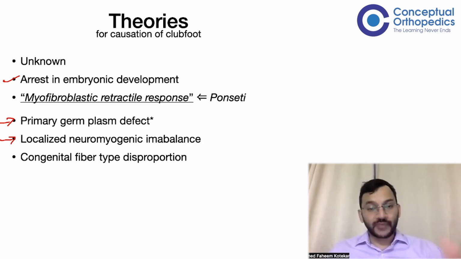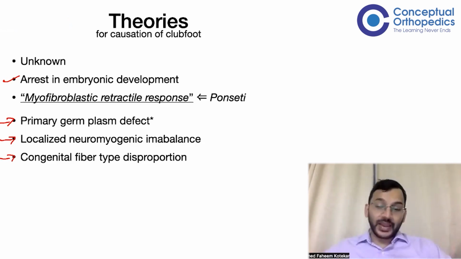That means they were all fibrotic, leading to a muscular imbalance on the posteromedial side. Similarly, we had the congenital fiber type disproportion, where type 2 fibers were more commonly seen than type 1 fibers. However, you might not have to remember any of these.